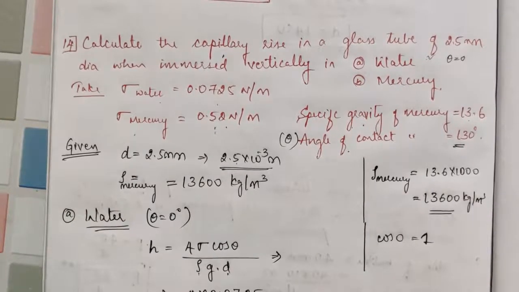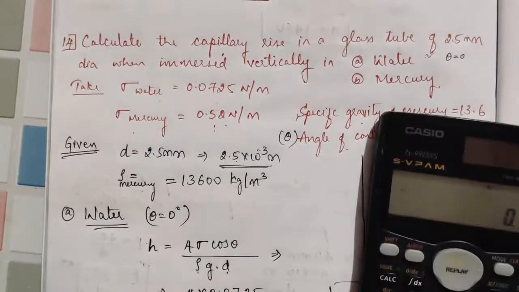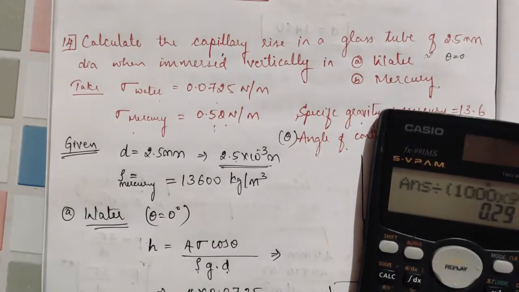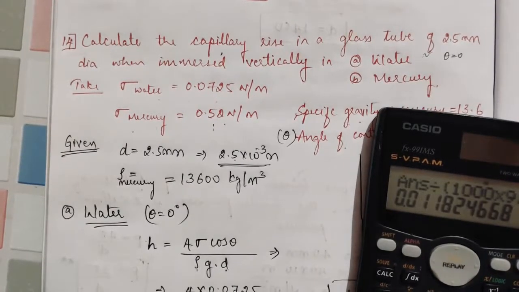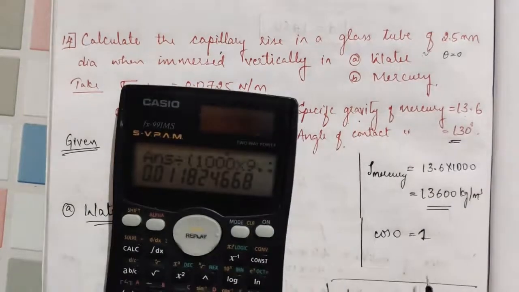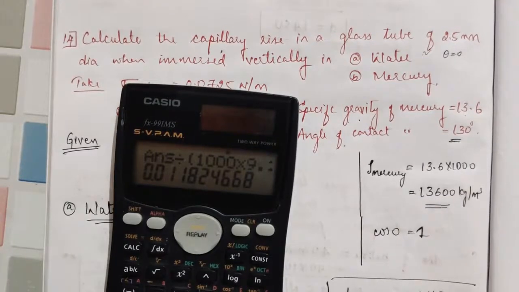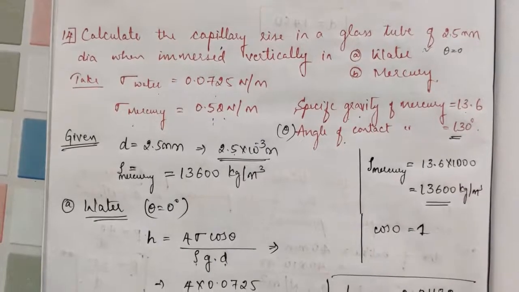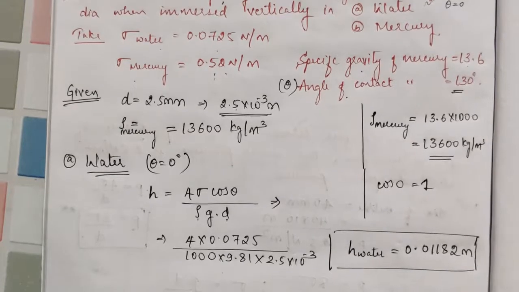So the height of water, on calculating, is 0.1182, and this is in meter.